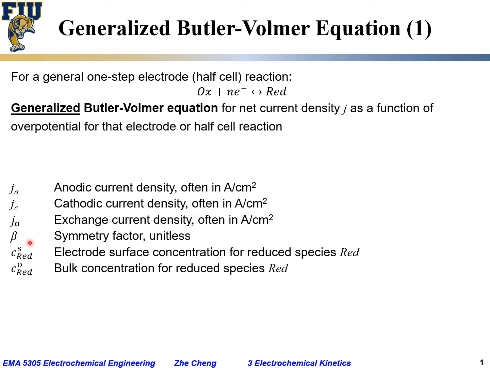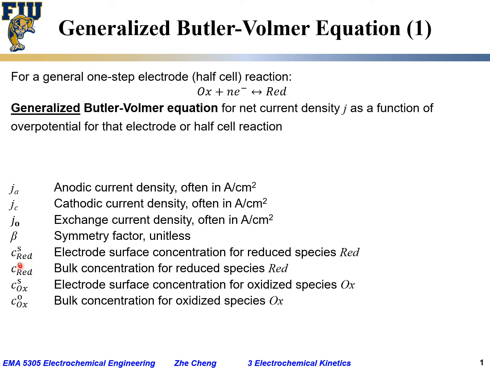And beta, as we said before, is the symmetry factor for the half-cell or electrode reaction, and is typically unitless. Quite often, beta takes a value from 0 to 1, and quite often it's 0.5.